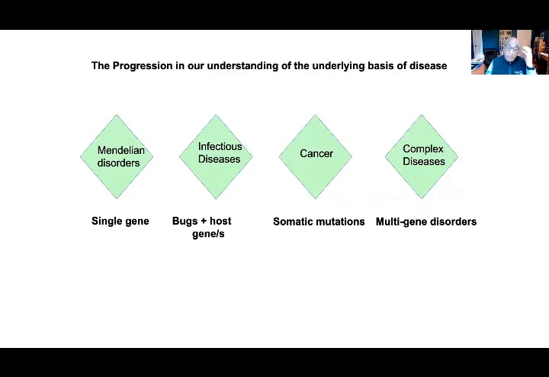Okay, so if you think about disease, and you think about how we consider disease and how we divide disease in general, there's a few categories we can break everything into. Okay, so we have Mendelian disorders, single gene disorders, relatively easy to understand.